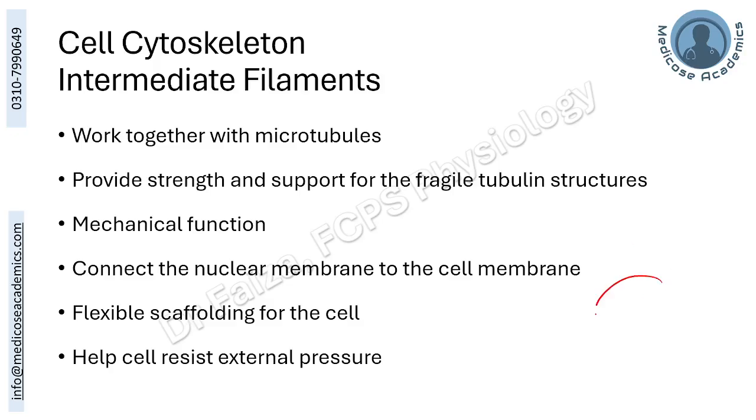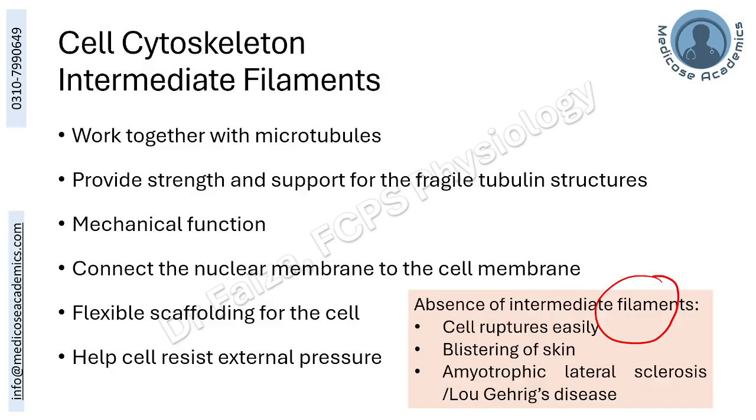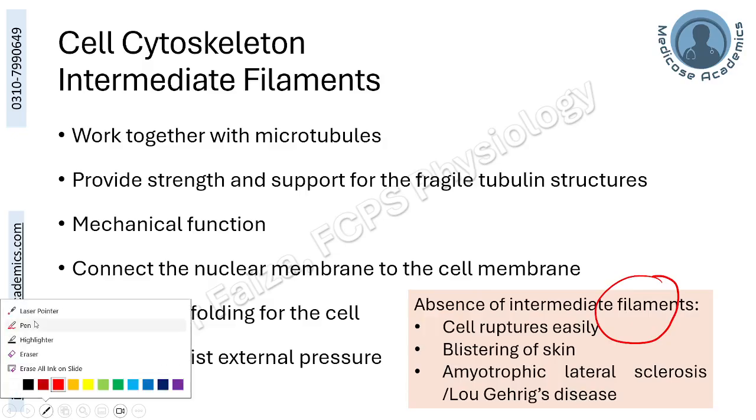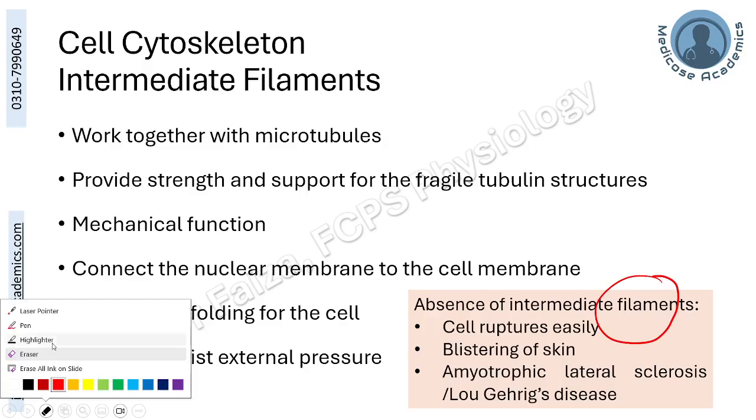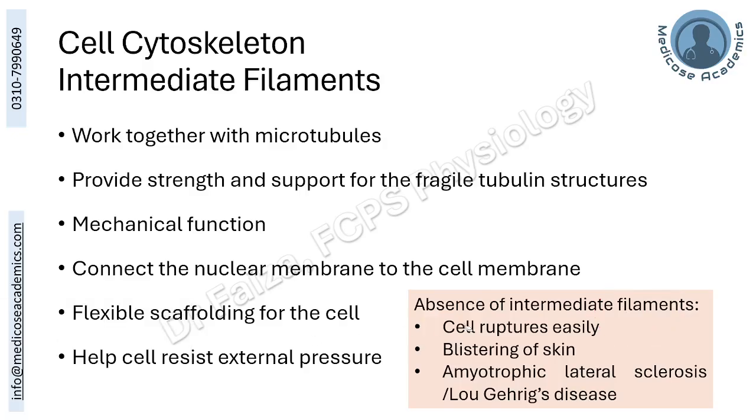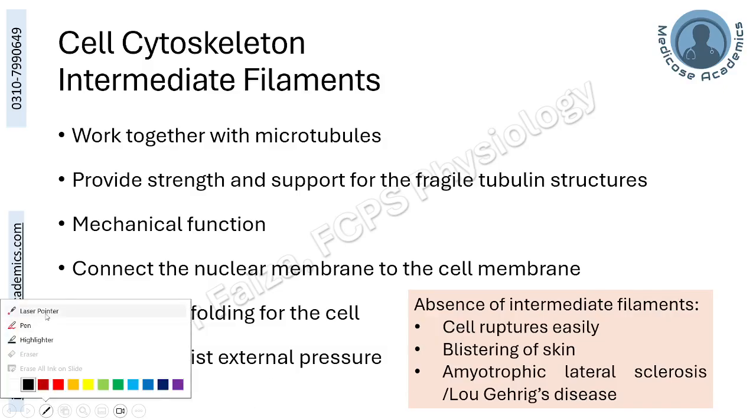So again, these are stabilizing the structure and shape of the cell, mechanical function, transport function, and connection of the nuclear membrane to the cell membrane. In case of absence of these intermediate filaments, the body may present with a different set of anomalies, including that the cell will rupture easily.